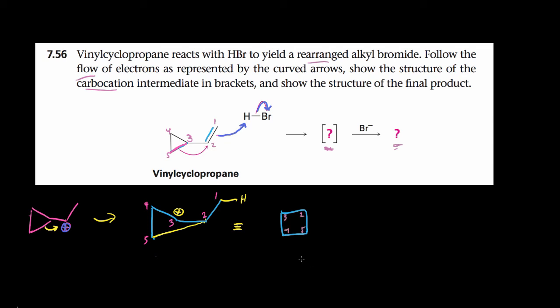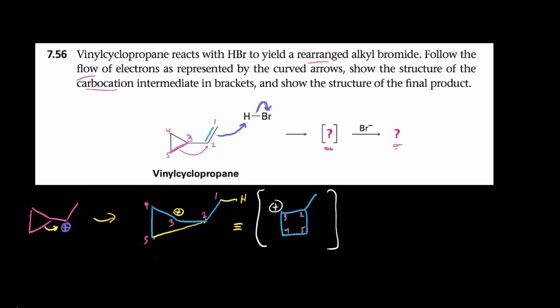That way it'll help you get your bearings and help prevent mistakes. So we know that carbon 2 has this carbon 1 attached, like that methyl group, and then carbon 3 has a carbocation. And so that is our carbocation intermediate.